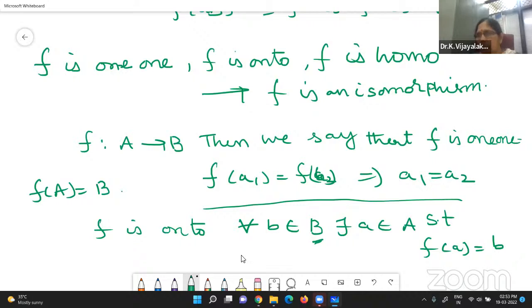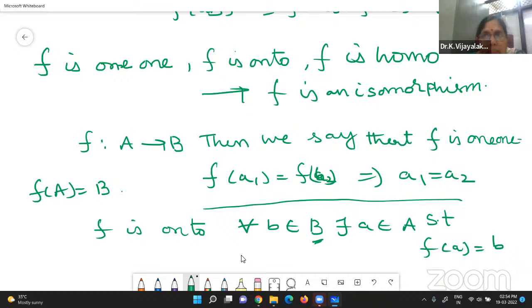Now here, a 1-1 homomorphism is called a monomorphism. An onto homomorphism is called an epimorphism.